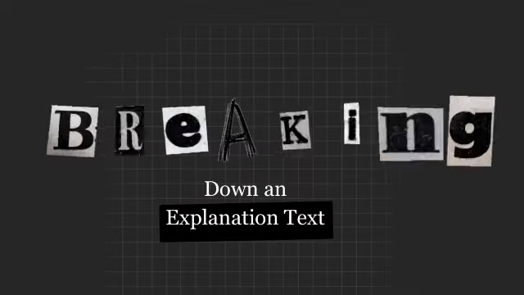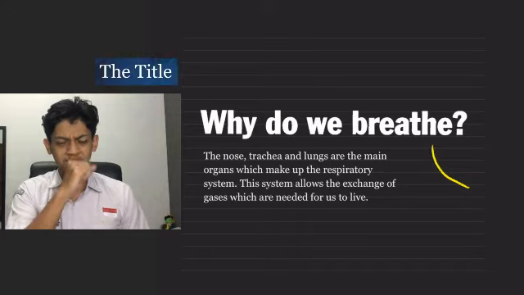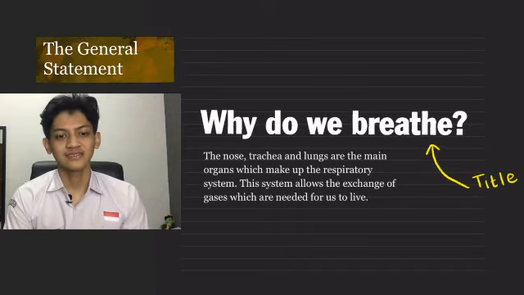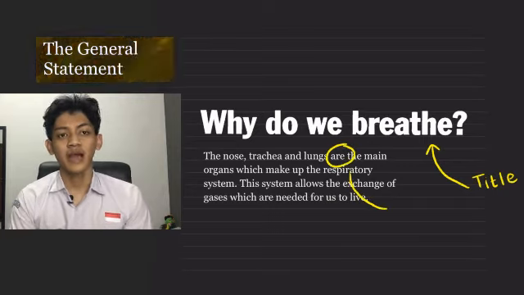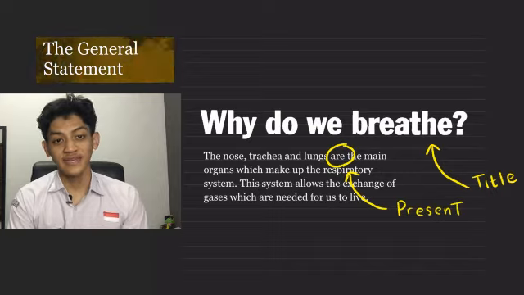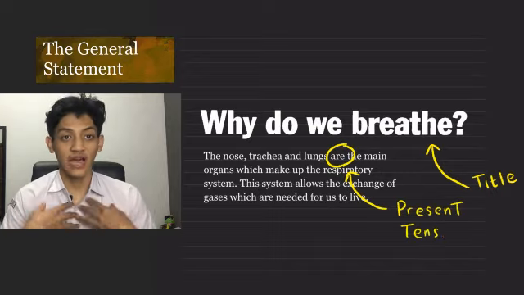Now we are going to break down an explanation text. How do we breathe? The nose, trachea, and lungs are the main organs which make up the respiratory system. This system allows the exchange of gases which are needed for us to live.